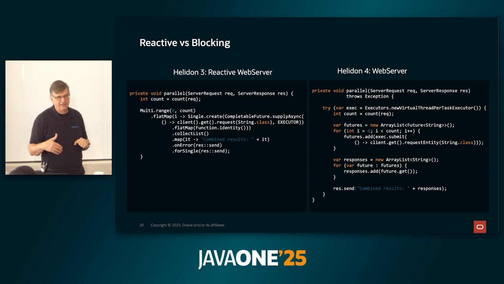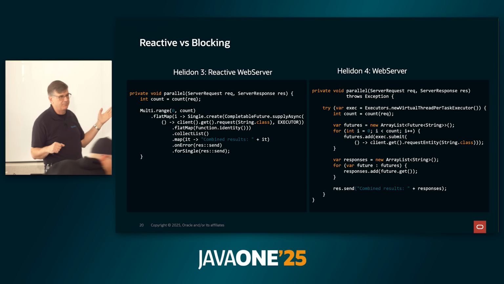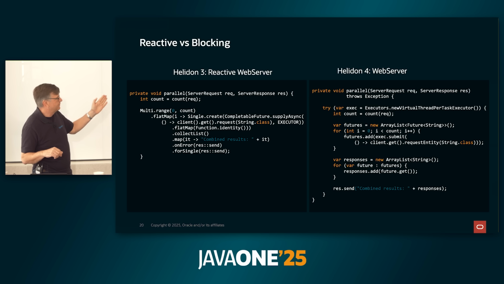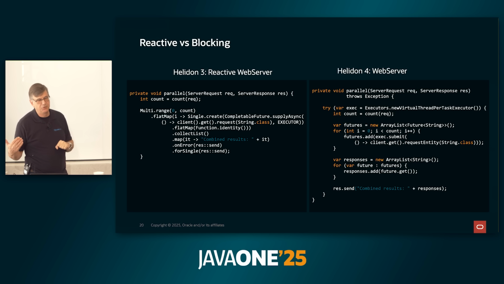This code is hard to write. It's hard to understand. If you try to step through this with a debugger, it's hard. If you get a stack trace from this code, it might not be helpful. So it's very challenging.